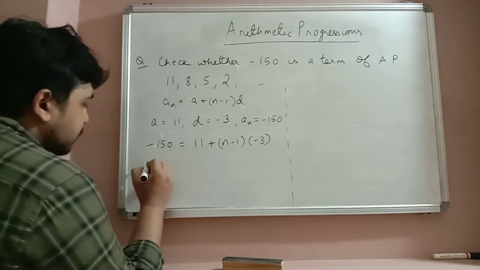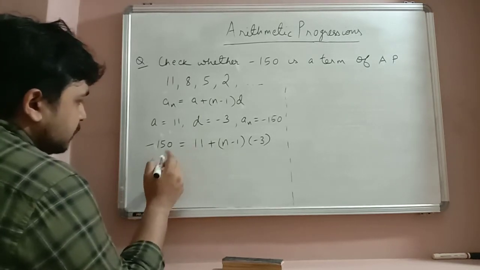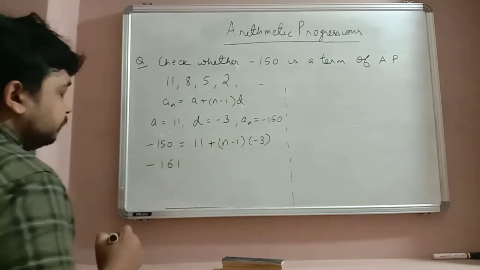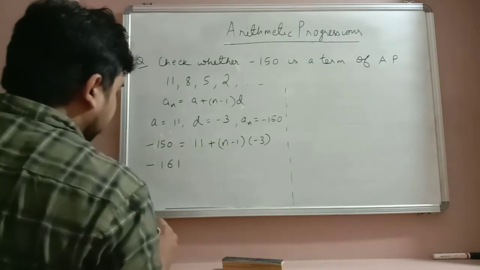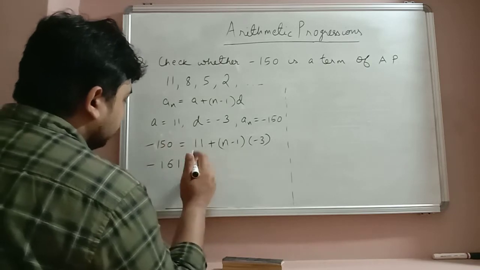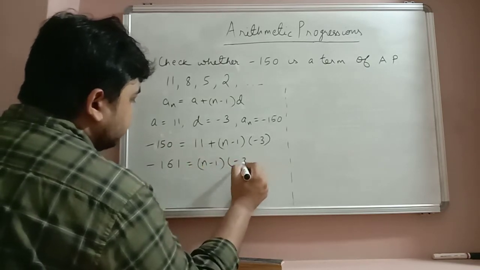So this becomes minus 161 equals to n minus 1 into minus 3.